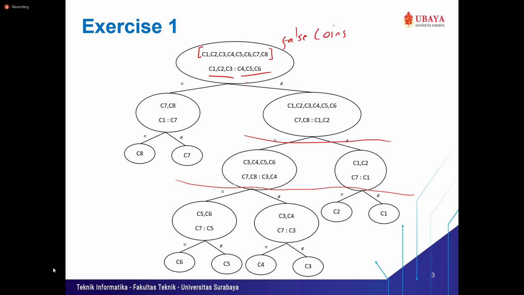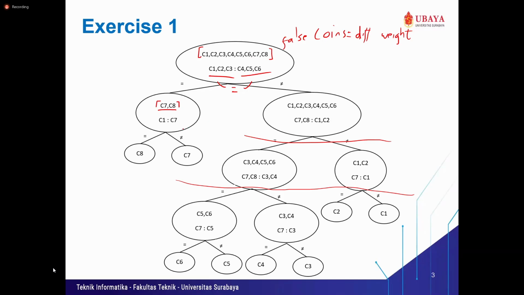If these two groups are equal, it means there are no false coins among them, because false coins means different weight, whether heavier or lighter. So 1 through 6 are all real coins, and we only have 2 suspects left, 7 and 8.